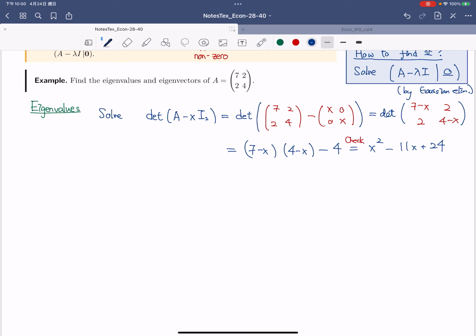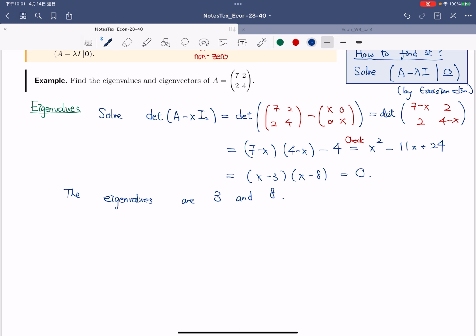And if you factorize it, by using the high school method, you will have x minus 3 times x minus 8. And our goal is to solve this polynomial when it equals 0. So we have, of course, x equals 3 or x equals 8. And these are the eigenvalues. So the eigenvalues are 3 and 8.